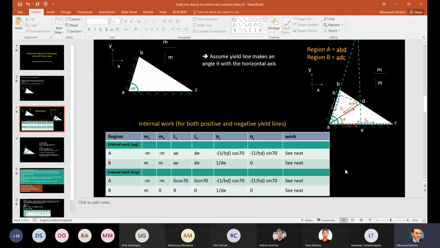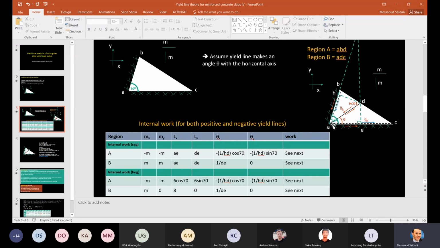I want you to follow this with me very carefully, and stop me if you've got any question. Starting now, concentrate on the sagging here. So this is region A, ABD is region A, and ADC, sorry, is region B.